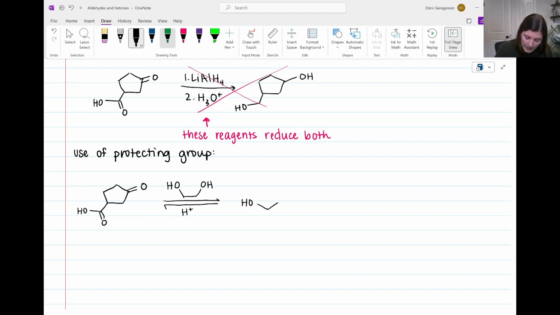Then we would end up, now we're not showing the entire mechanism here, we're just looking at the major intermediates. Where the ketone was, we'd have that ring. We no longer have a ketone. We have a ketal part of the molecule.